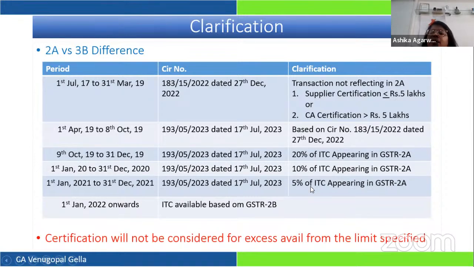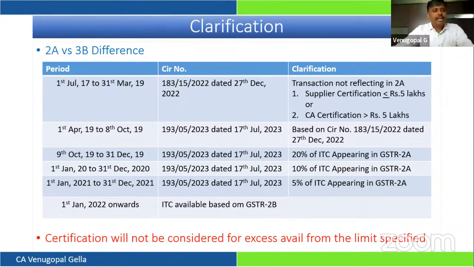To that additional amount only you will be allowed. If any ITC claim is above this 20, 10 and 5, then as per this circular, they are saying no ITC will be allowed. But it itself is a litigation, because we are of the view, based on this circular, ITC cannot be disallowed just because it is not appearing in GSTR 2A.